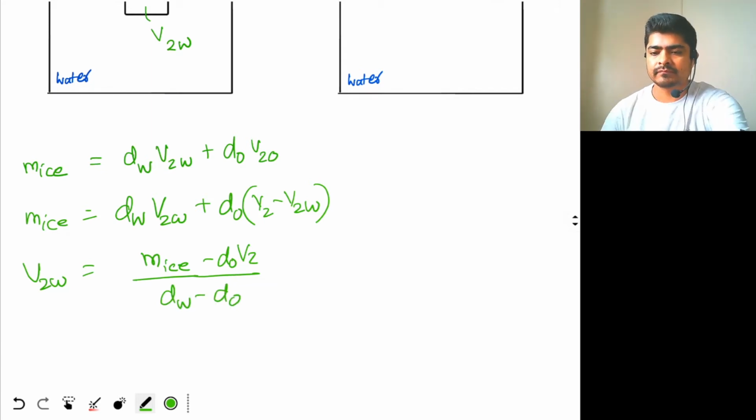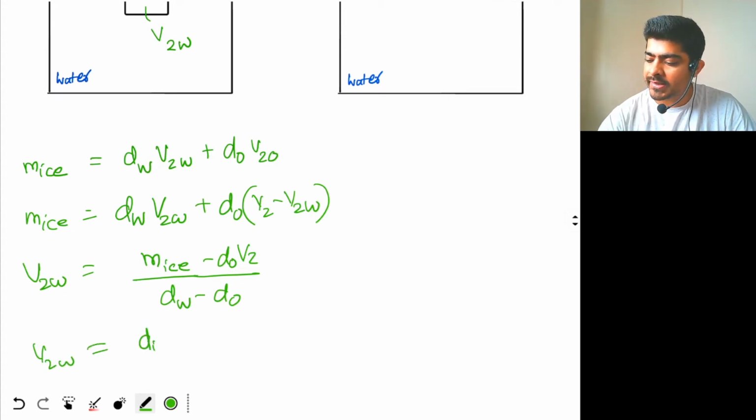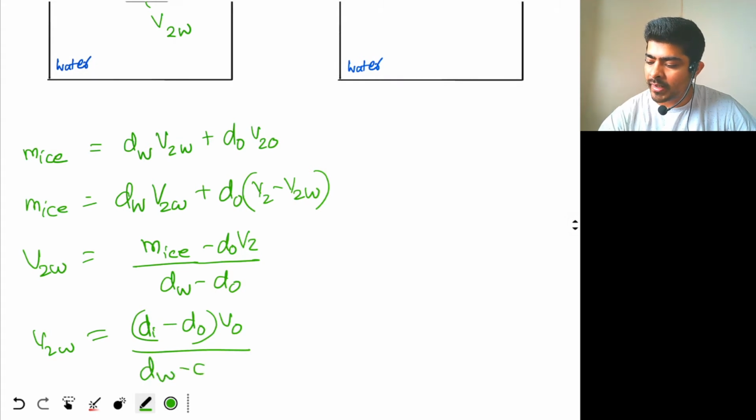Okay, or I could write further V2W equal to, what is mass of ice? Density of ice, right, into V2. Okay, so I take V2 common, so di minus dO divided by dW minus dO. Okay, sorry, there's a small mistake. This should be V2.